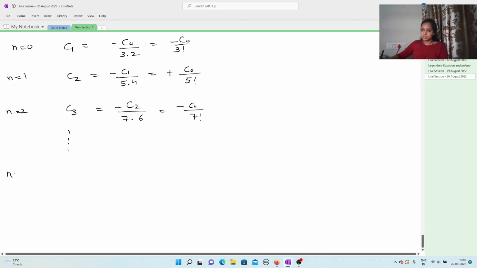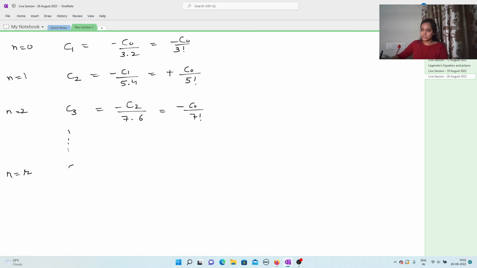So for n equals any value r, we can write C of r equals minus 1 to the power r C0 over 2r plus 1 factorial.